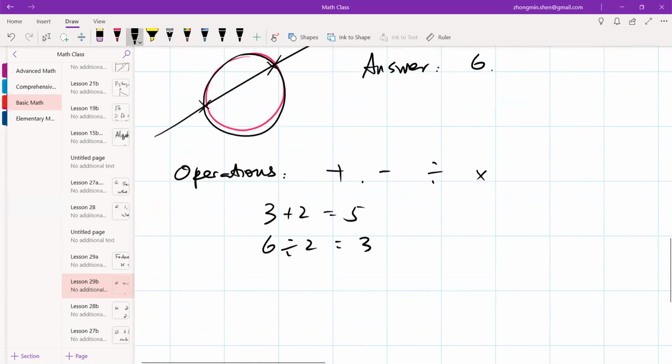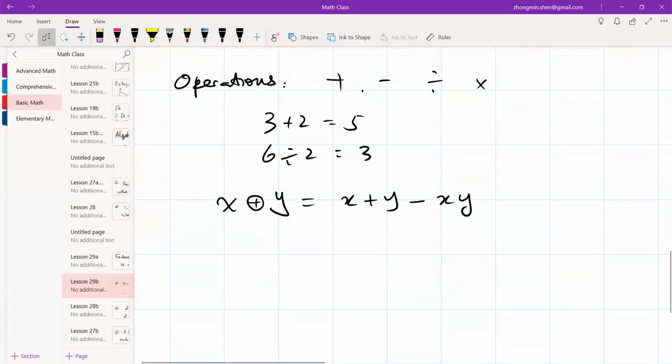For example, we can define x circle-plus y to be x plus y minus x times y. This is a new operation we define.